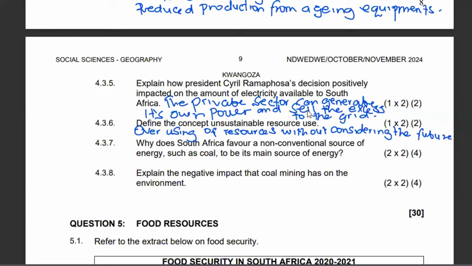Why does South Africa favor a non-conventional source of energy such as coal to be its main resource?